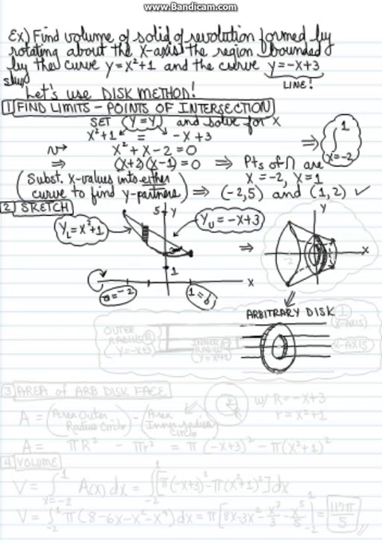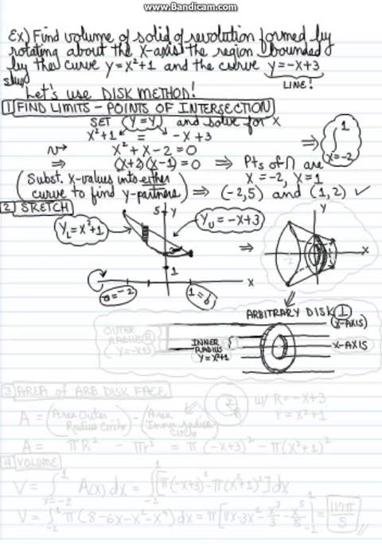Remember, this is an extreme close-up, so even the curves look like straight lines here. The distance from the x-axis up to the first curve is called the inner radius, little r. It's represented by the curve y equals x squared plus 1, because that is the lower curve.